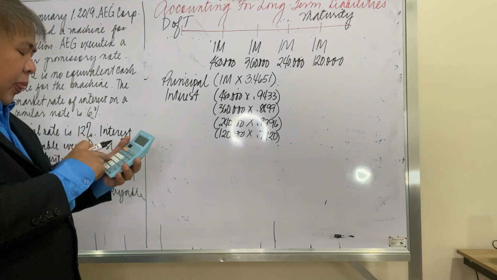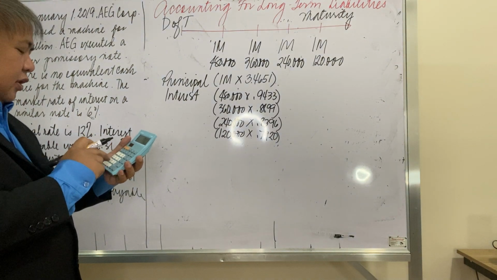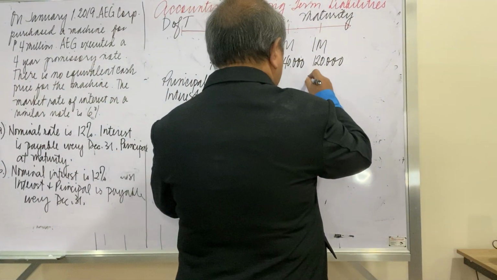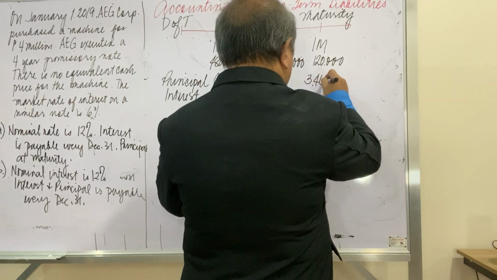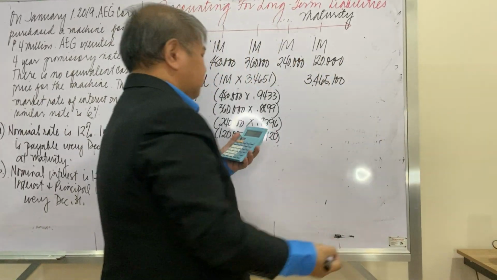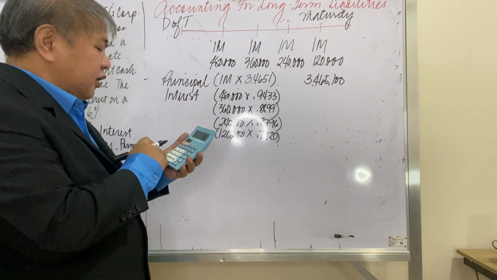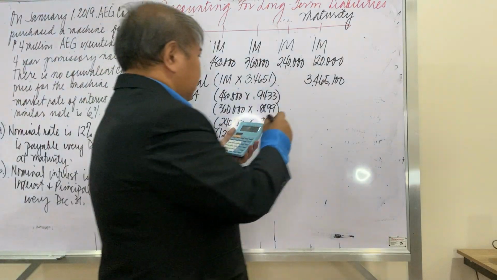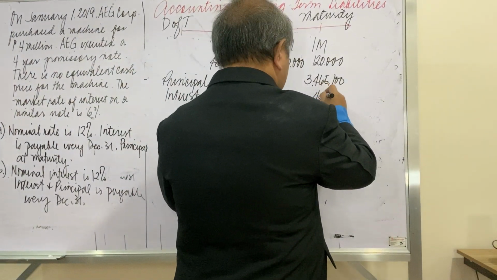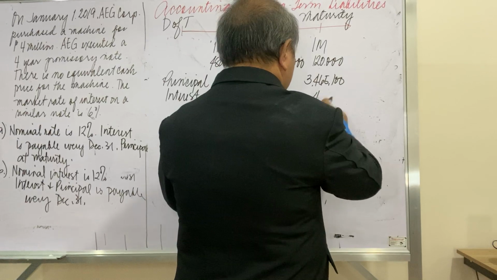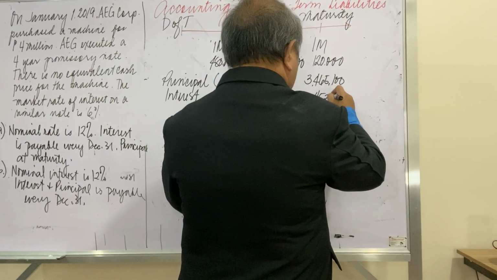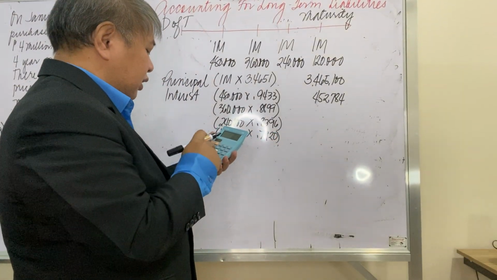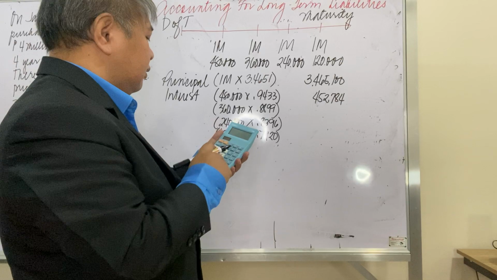So therefore, 1 million for the principal times 3.4651. So this is 3,465,100. And then 480,000 times 0.9433 is 452,784, and then 360,000 times 0.8899.